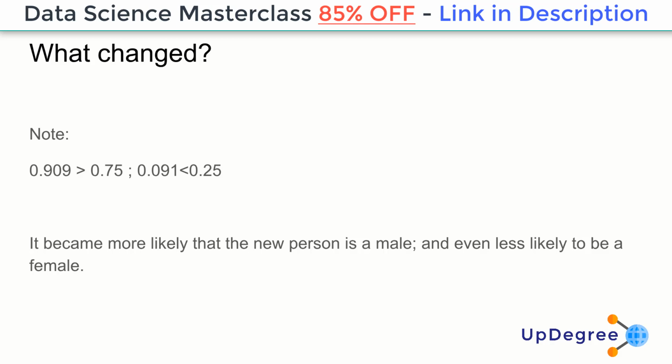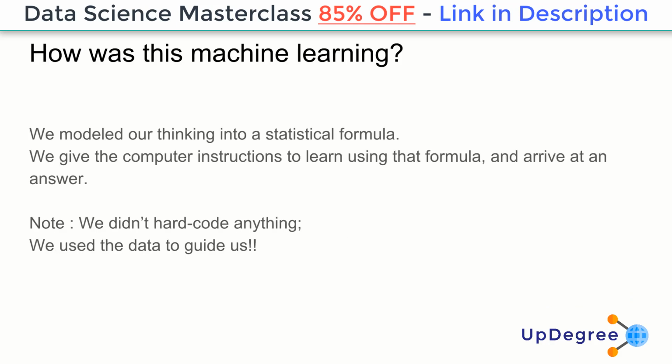You see how including more features made us more confident, and how the joint probability distribution made all this difference. Now you might ask, how was any of this machine learning? See, we modeled our thinking into this beautiful statistical formula. We give the computer instructions to learn using that formula, using the data, and then arrive at an answer.